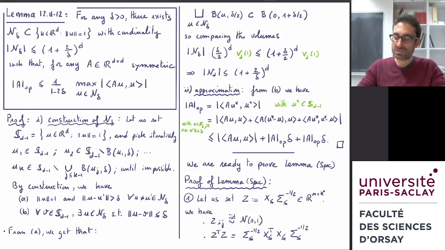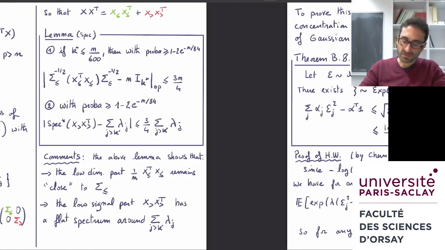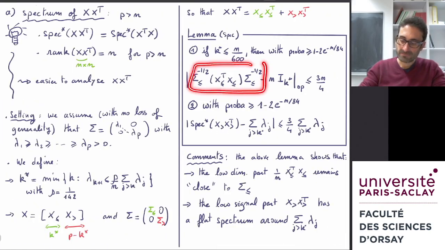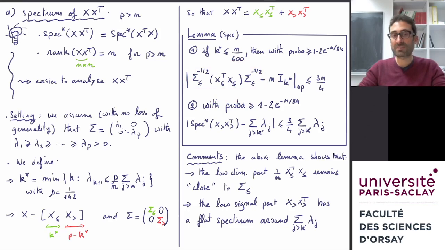So you have a matrix which is n times kappa star with all the entries which are standard Gaussian and independent. And if you look at Z transpose Z, it is exactly equal to this quantity, which is the quantity where we want to understand how it behaves. So we can write this as Z transpose Z, and we have seen that the entries of Z are IID standard Gaussian.